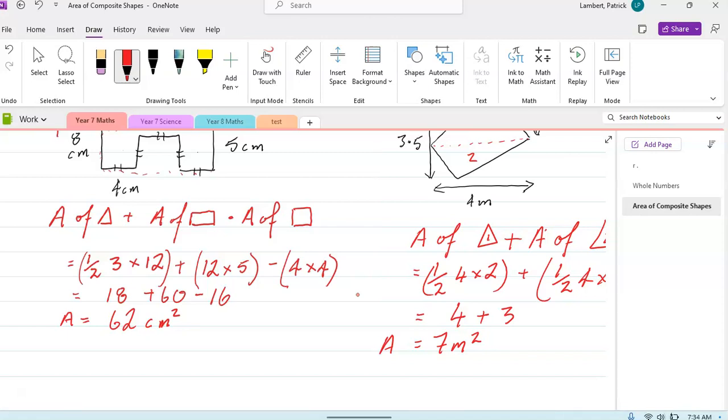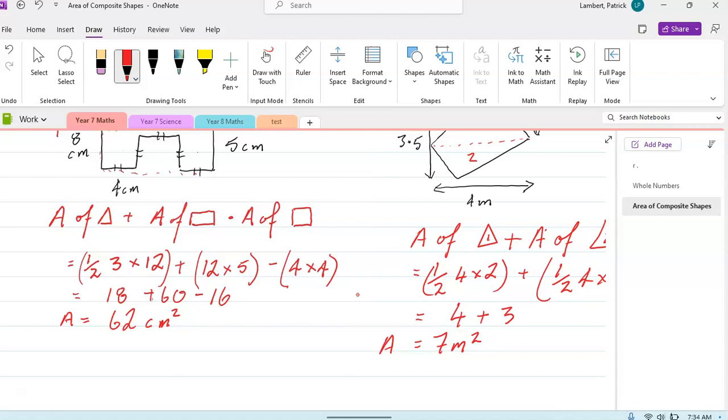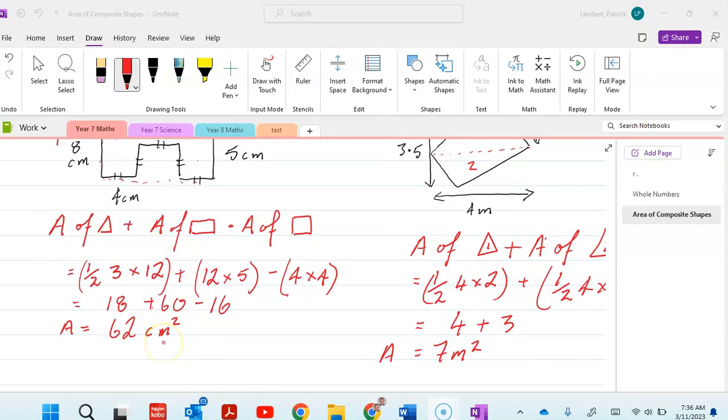That gives us 18, plus 60, 78, minus 16, which is going to be 62 centimetres squared.